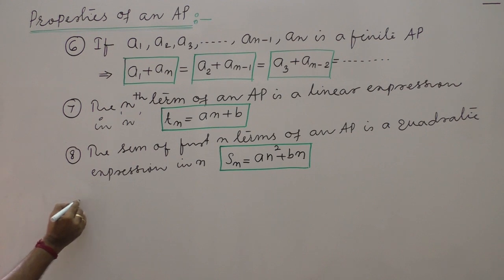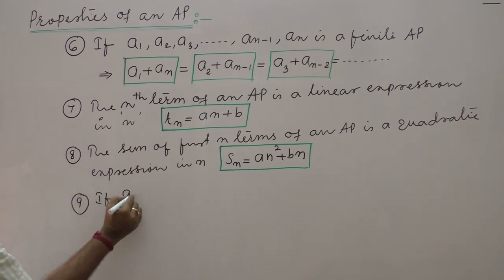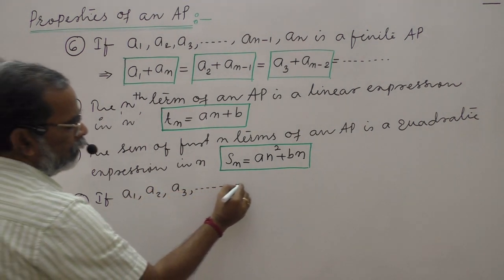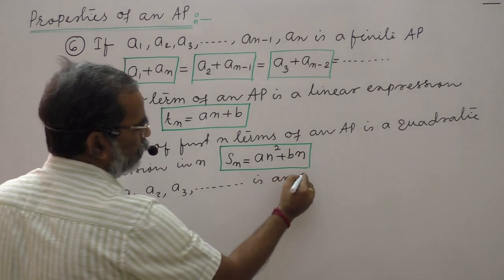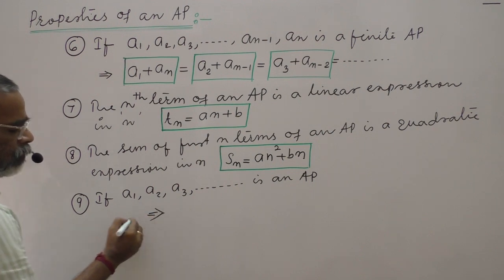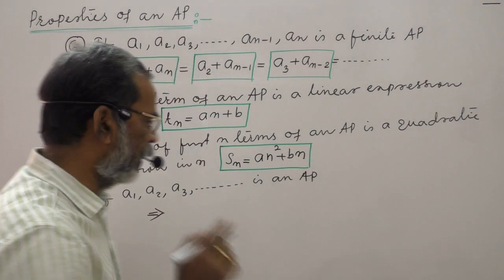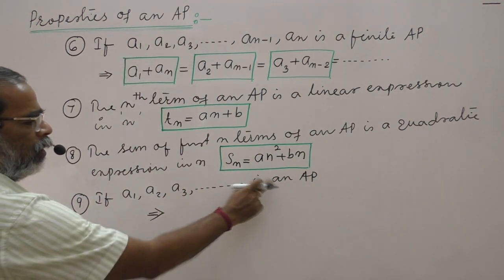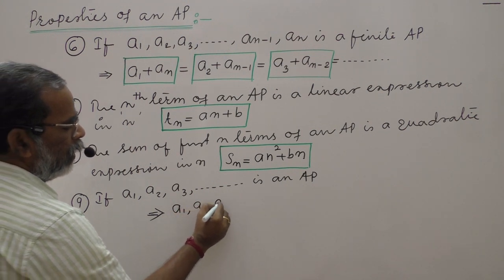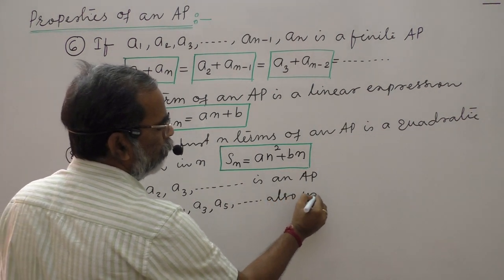Okay. Next, property number 9. If a1, a2, a3, a4, a5, etc. is an AP series, and you take the terms at a regular interval, for example the alternate terms a1, a3, a5, etc., they will also be in AP.